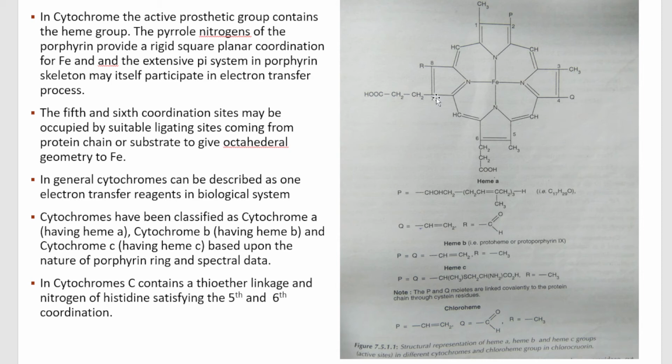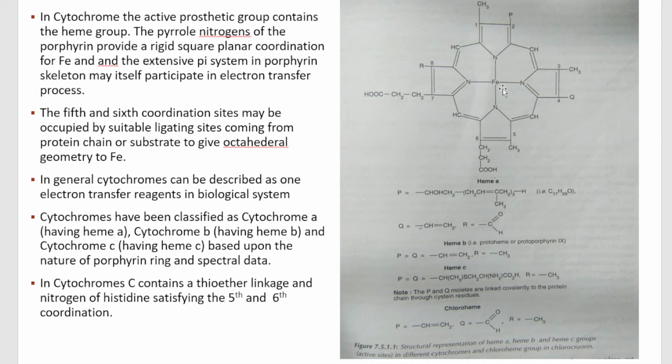Because of the shifting of electrons, because of alternate double bonds. In the same way here also it has extensive conjugation, and this may also be the reason it takes part in the electron transfer process, because these pi electrons are not localized, they are delocalized. That is, these pi electrons of the pi bond can move throughout the entire porphyrin ring because of alternate single and double bonds. So because of that, conjugation is seen.